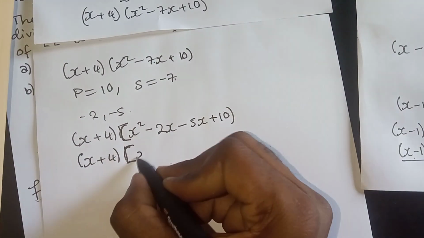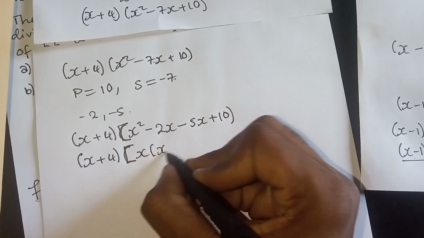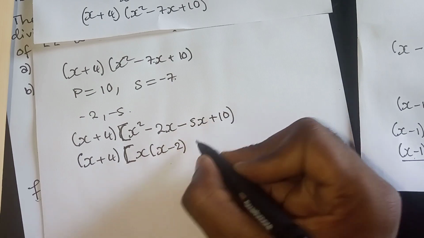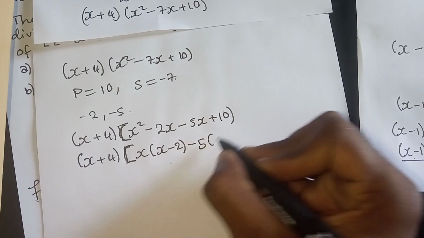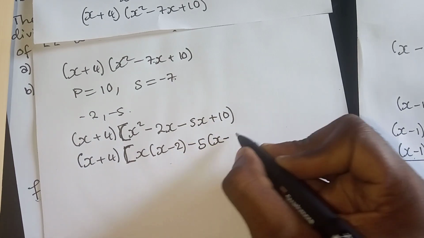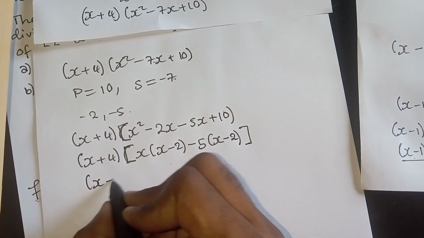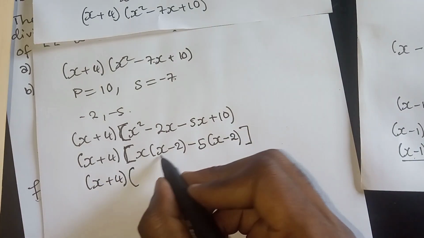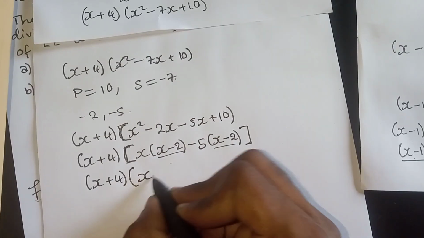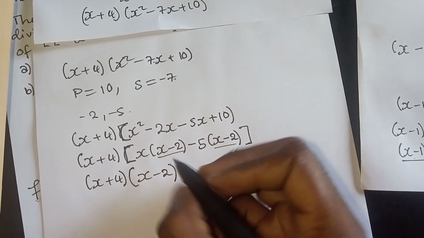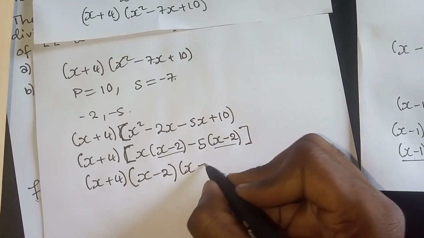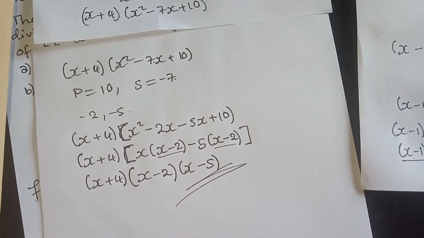You can factor out the x here, so x minus 2, then we can factor out the 5 there, x minus 2, and then this one is common. This one there is x, there it's 5, and you have factorized it completely.